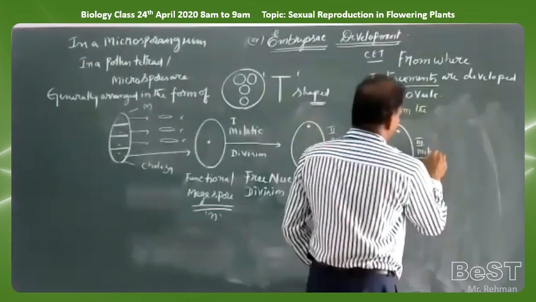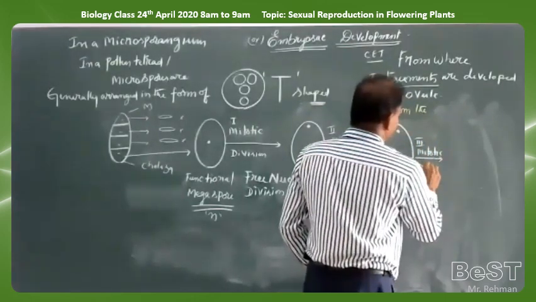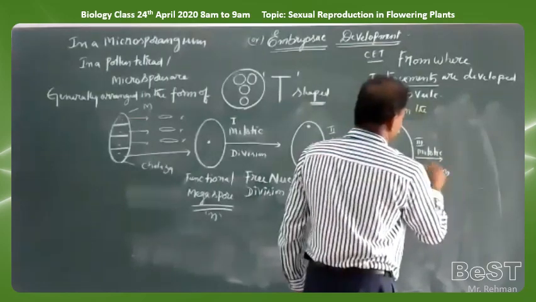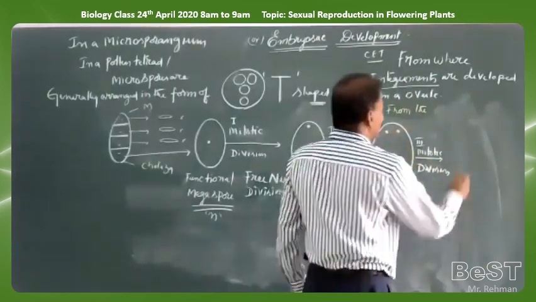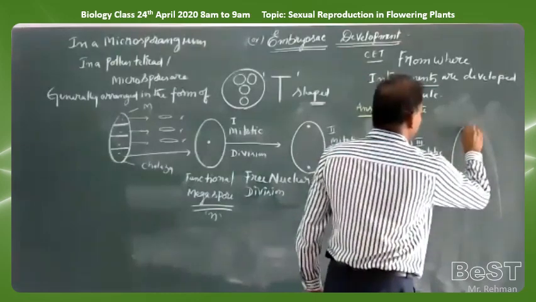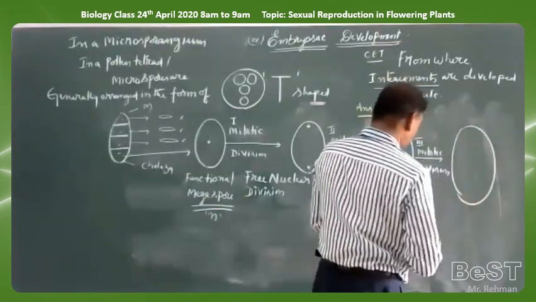Third mitotic division. Four nuclei will become 8 nuclei.